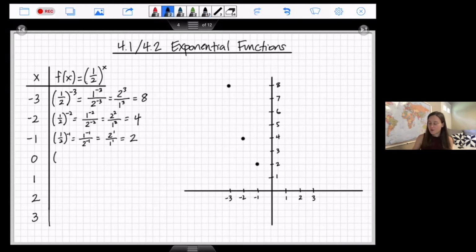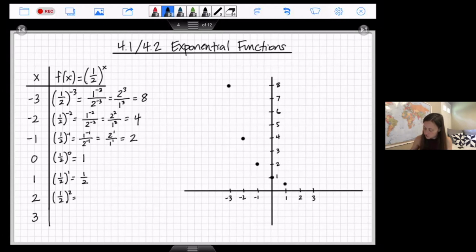This will get easier now. I've got 1/2 to the 0. This is always the easiest one. Anything to the 0 other than 0 is equal to 1. So I've got the point 0, comma 1. 1/2 to the first power is 1/2. I've got the point 1, comma a half. 1/2 raised to the 2 power.